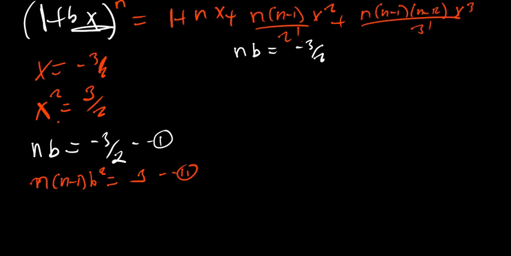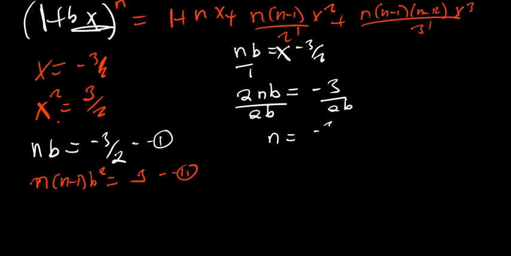So here there is 1. If I cross multiply, that becomes 2nb is equal to negative 3. So our goal is to make n the subject of the formula. I will divide both sides by 2b. So n is equal to negative 3 over 2b. In the second equation, where there is n, let's replace it with negative 3 over 2b.